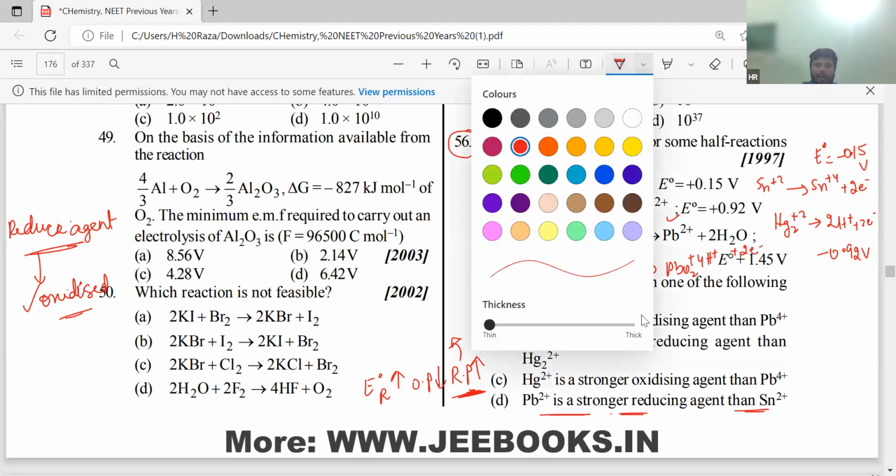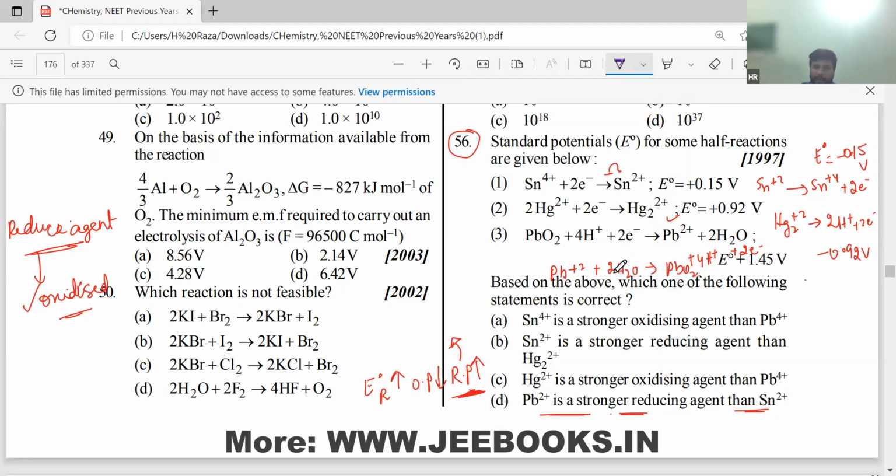Before answering lead, you are going to see the oxidation state of each element here. Plus 2 here, hydrogen plus 1, oxygen minus 2, Pb plus 4 and oxygen minus 2, hydrogen plus 1 here, and 2 electrons here. So it will have a value of minus 1.45 volt. Now tell me which one is oxidizing and reducing according to this value.